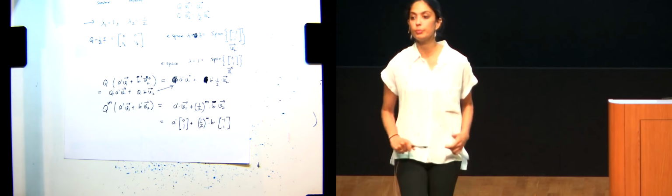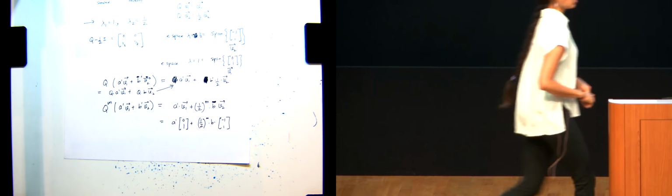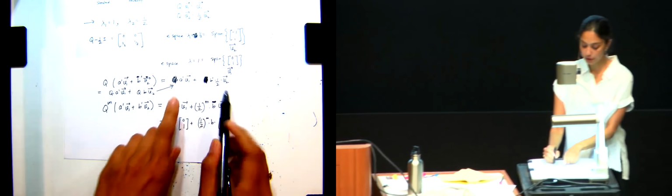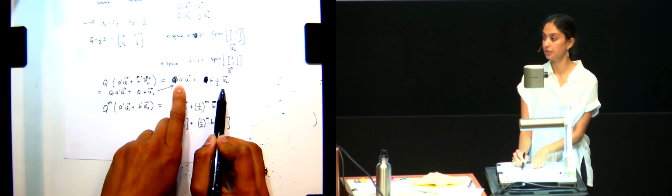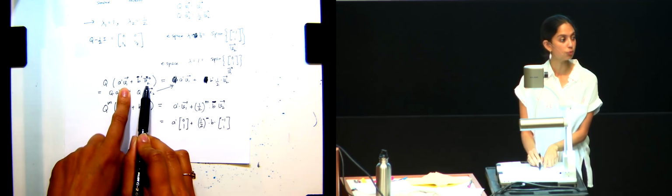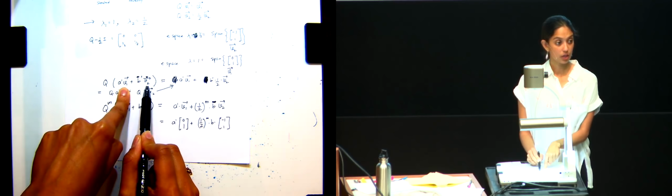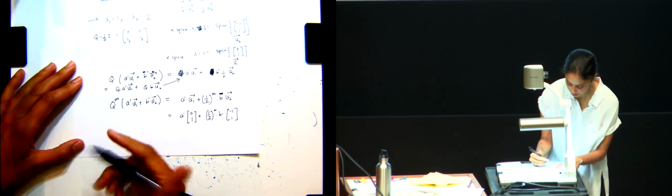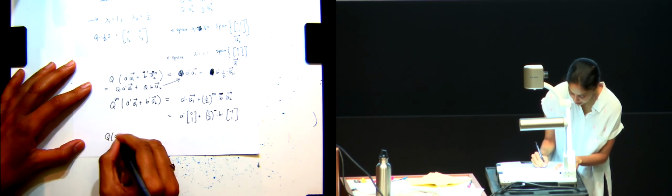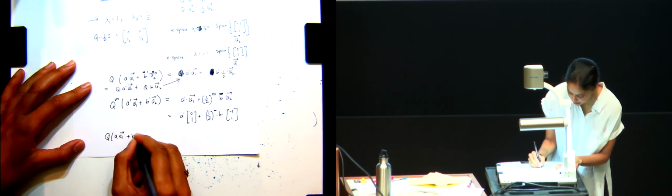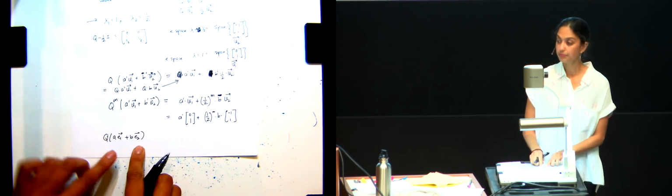Question, why would we use the basis as the eigenvectors? Because when I use the basis of the eigenvectors, if I were to express this in some kind of different basis, right? If instead of V1, V2, I had E1, E2 here, which were not the basis vectors, then what would I get? I would get Q times A E1 plus B E2, right?